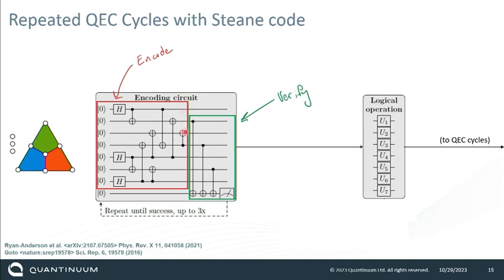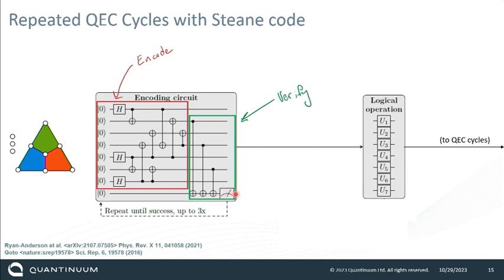This half is not strictly fault tolerant. There is a non-zero probability that you could have a weight 2 error coming out of this circuit, but the ingeniousness of this Goto scheme is that if you add this logical check at the end, you can catch those higher weight errors as they come out, and that gives you the ability to either post-select or start over. In our case, we didn't do any post-selection.